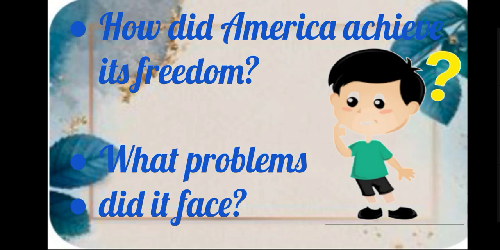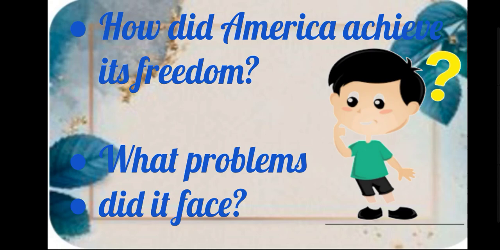Now, before proceeding, I will ask you a question: how did America achieve its freedom? As you know, America was initially colonized by the British. It means 13 colonies were there and it was colonized by British.